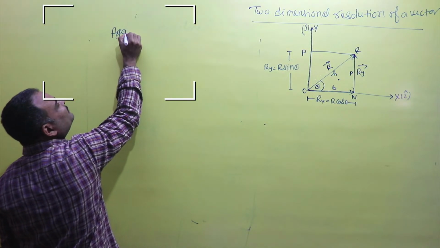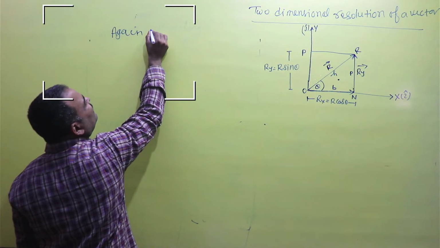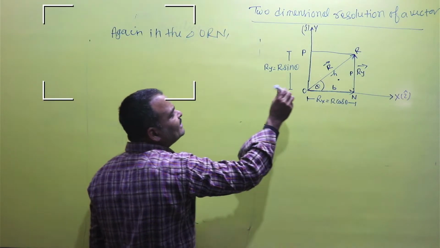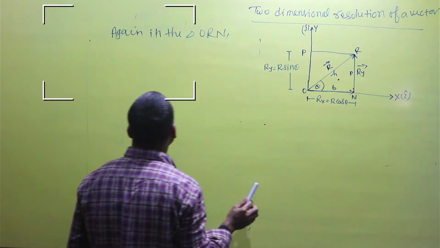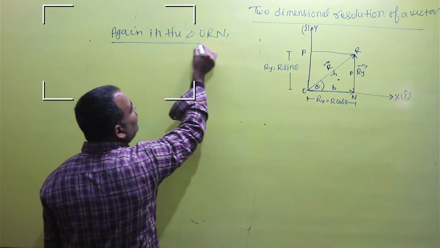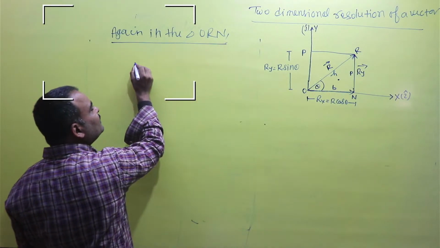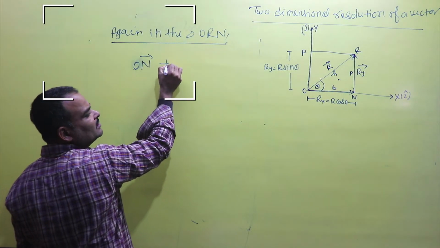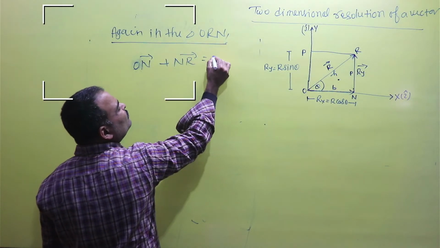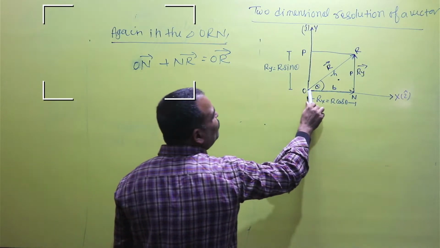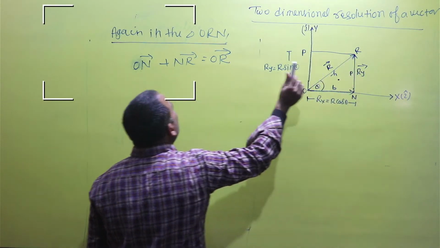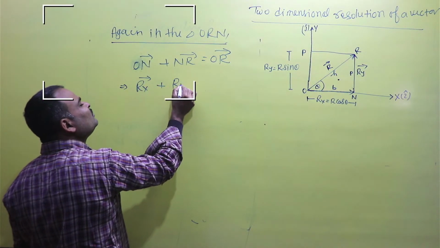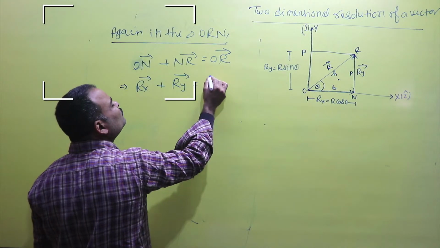Now again in the triangle ORN, again in triangle ORN, we can see that ON plus NR is equal to OR. ON plus NR is equal to OR.